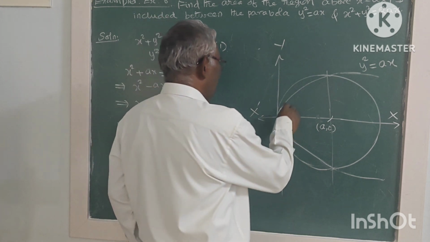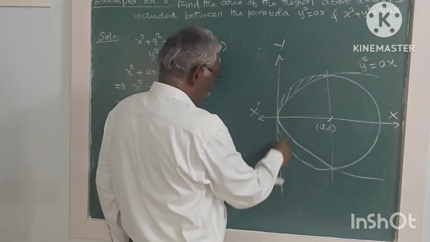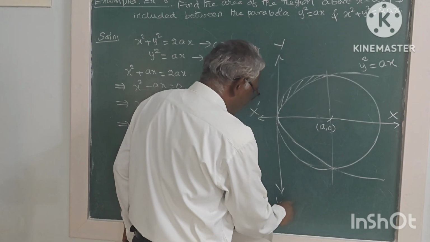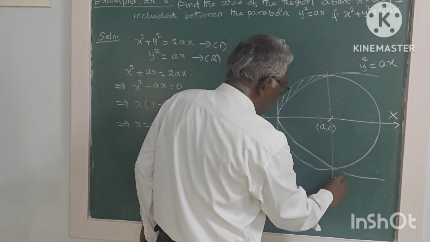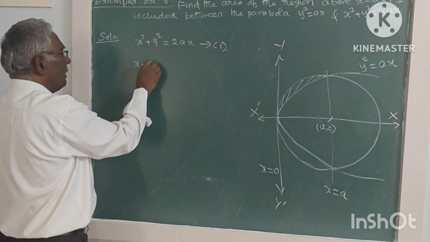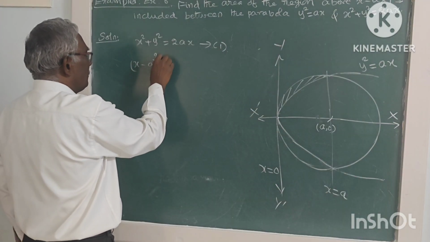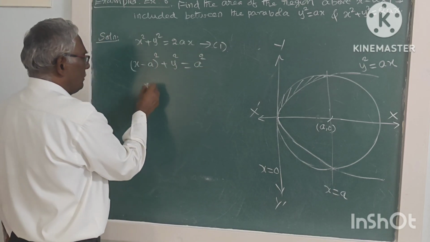We have to find the area of this shaded region. The equation of y-axis is x is equal to 0 and equation of this line is x is equal to a. X minus a whole square plus y square is equal to a square.